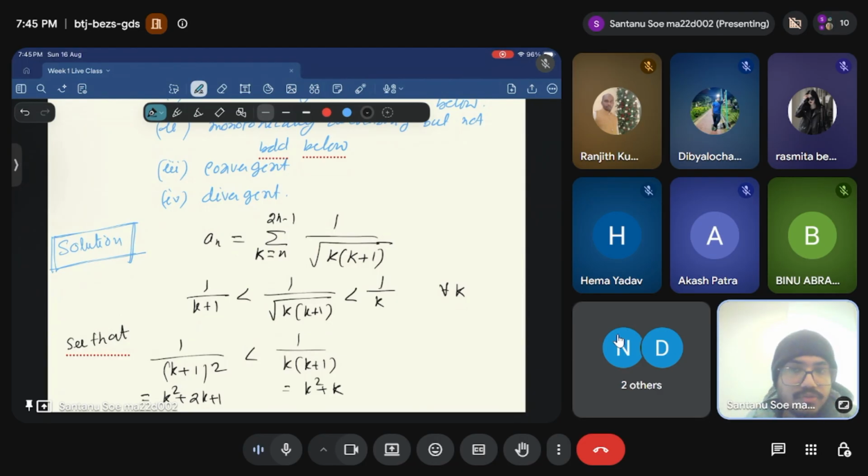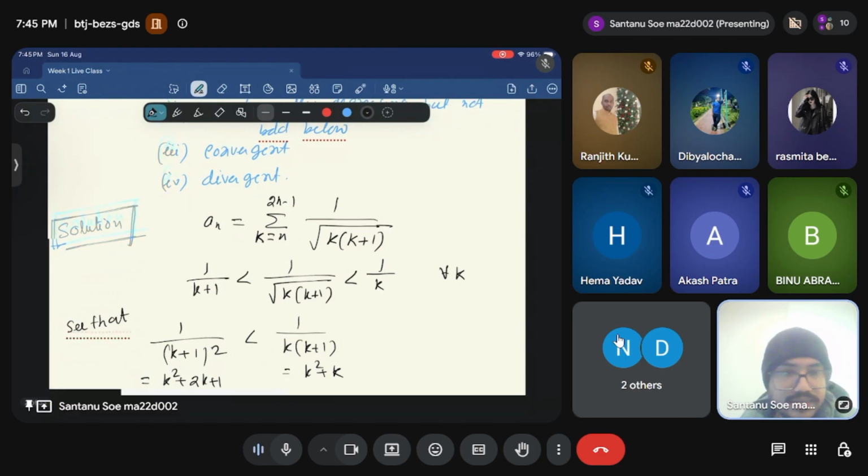Whenever you take the reciprocal, the lowest term will be the highest, because if 3 is greater than 2, then 1 by 3 is less than 1 by 2. That means in this case 1 by (k square plus 2k plus 1) will be strictly less than 1 by (k square plus k). Similarly you can prove the right side as well.